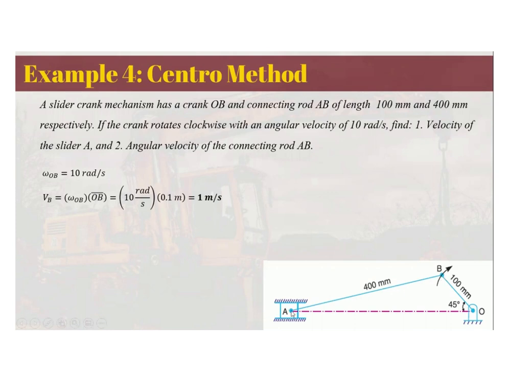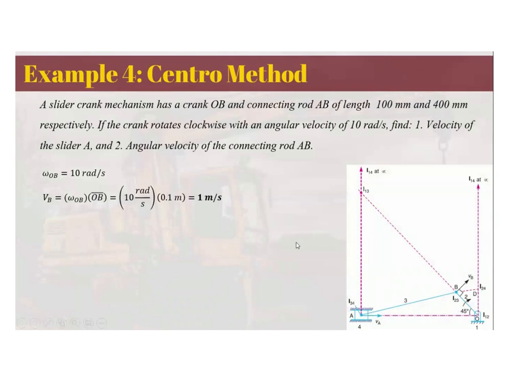Since B is connected to A, we can use Centro method. So just locate the common center for A and B, and that is at point I13. All you have to do is extend OB and then connect that to the line that is perpendicular to the slider's direction.